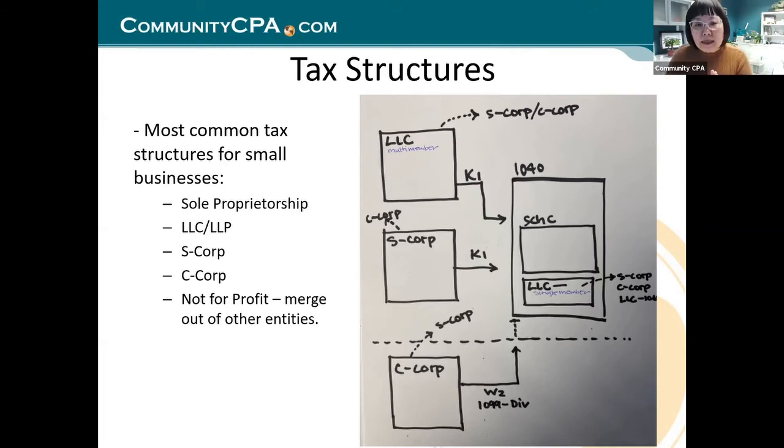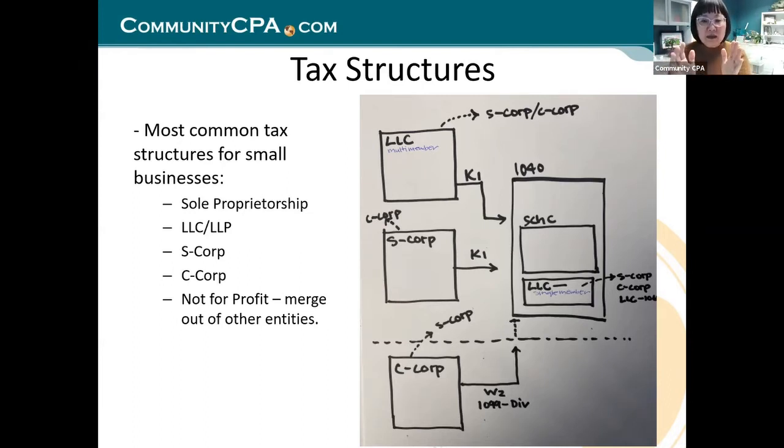If you look at this chart I wrote here, I want you to see the right-hand one. That's a bigger box I marked as 1040. Did you see that? Inside of the 1040, I have a Schedule C, I have an LLC.